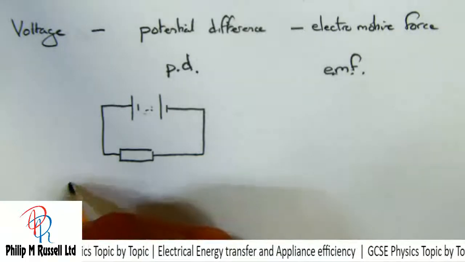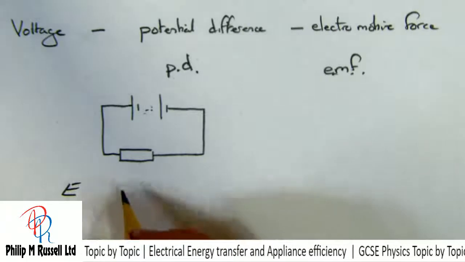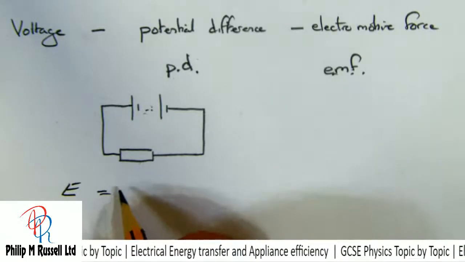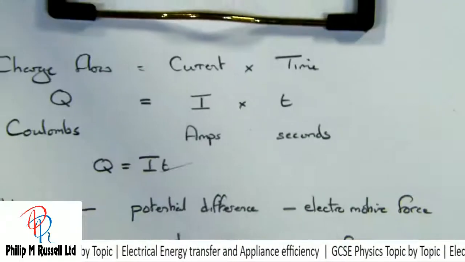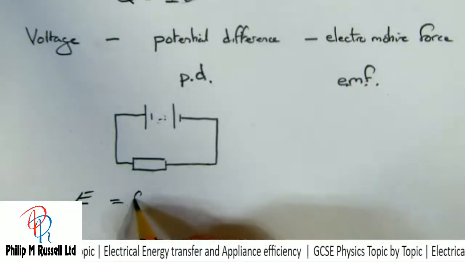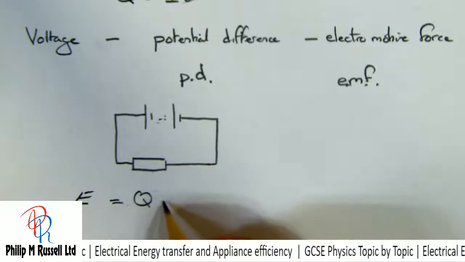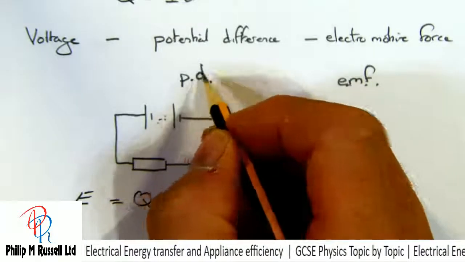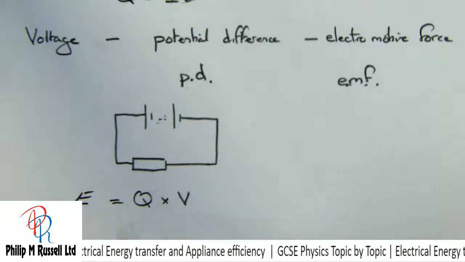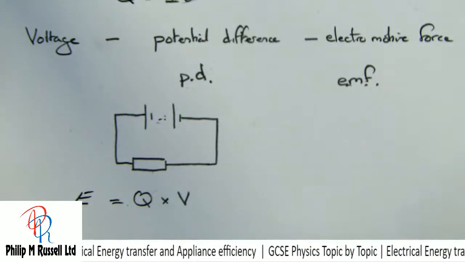And we know our energy change here, E, is going to equal the charge flow, and the charge flow we called Q, times the potential difference, which we measure in volts, V. So E equals QV.